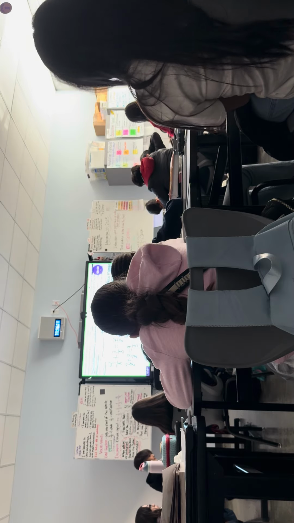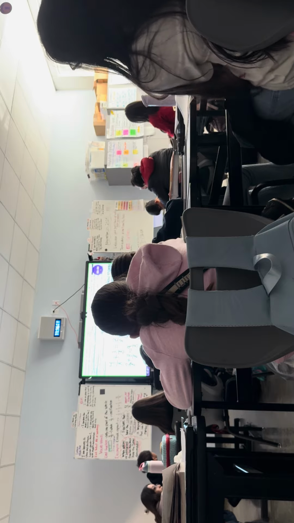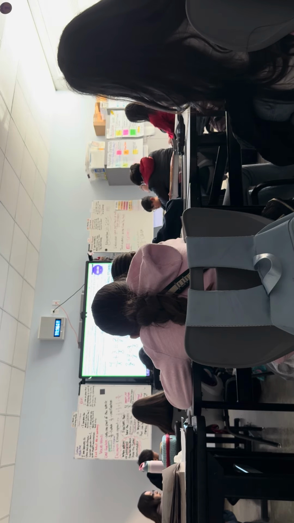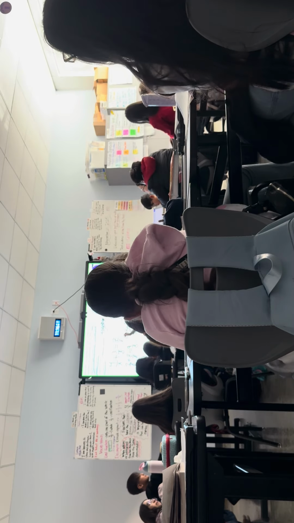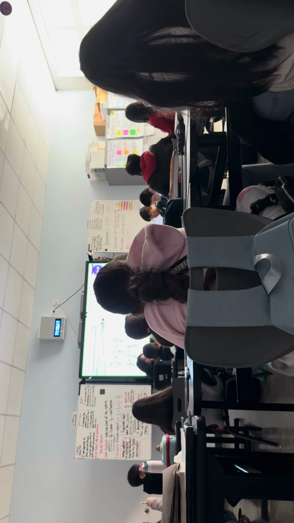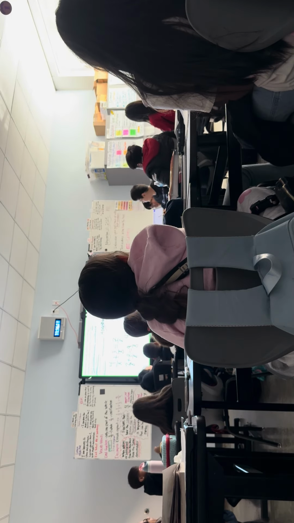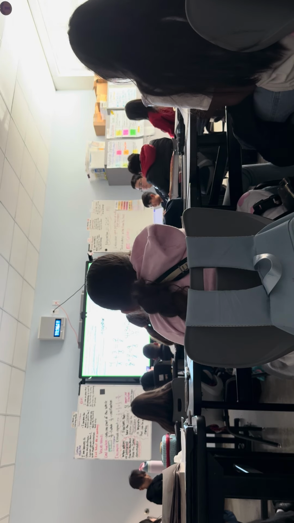We are solving it together as a class. My question was, what is 4 plus 3? Since I heard 7, 8, and 9, I want to double check it. So we're going to add it together one by one. If I start at 4, my next number will be what? 5, 6, 7. So 4 plus 3 is what, class? 7.